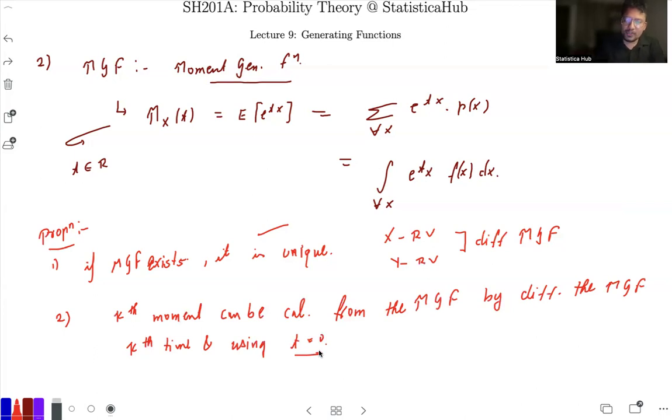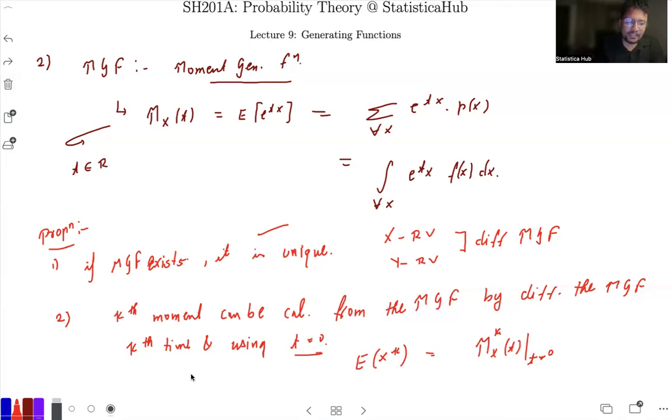That means if you have to find the expected value of X raised to the power k, you take M_X(t), differentiate it k times, and put the t value to be 0. It will give you the kth moment.